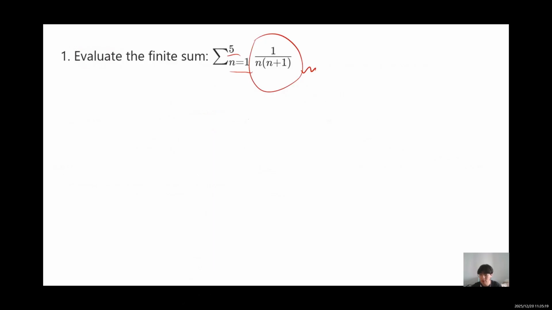First, check if it's proper. The degree of the upper part is 0, and the degree of the denominator is 2. So it's proper because 0 is less than 2. Okay, we can continue now.